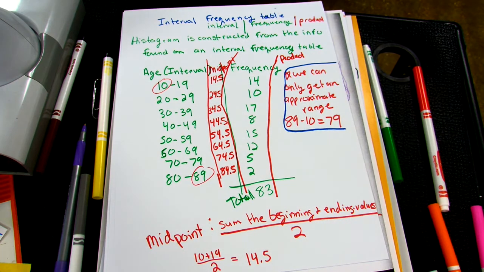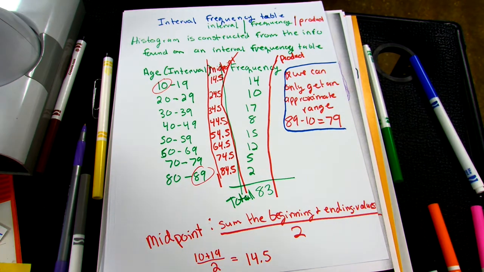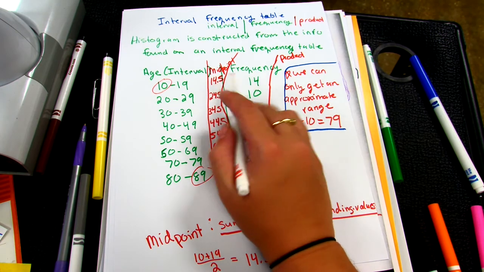So our product table. Remember, we get our product by multiplying the data, or in this case, our midpoint, times the frequency.